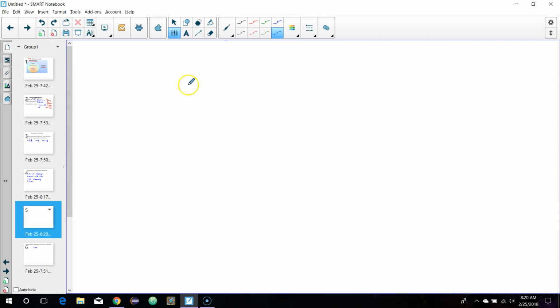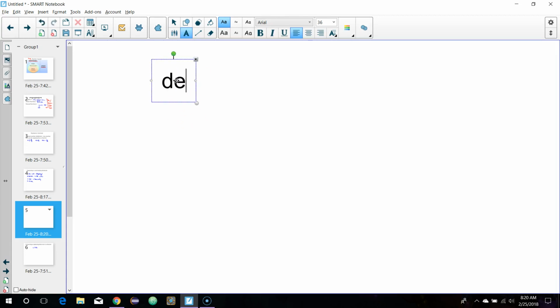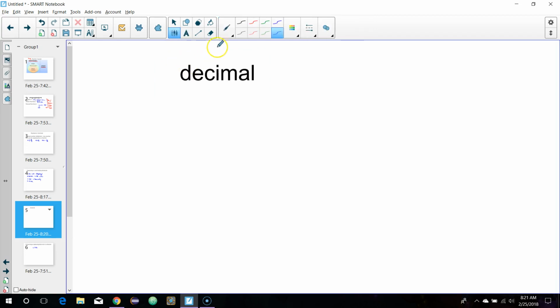If you're given a decimal number, let's type this out because I can't type. If you're given a number in decimal form, you want to first check if that number is repeating or not.